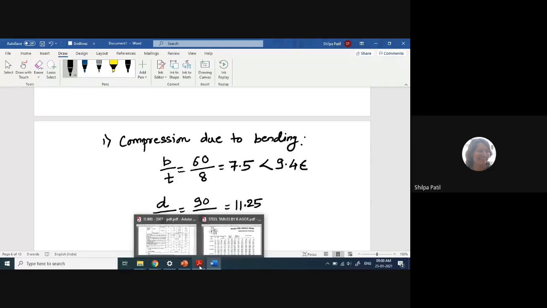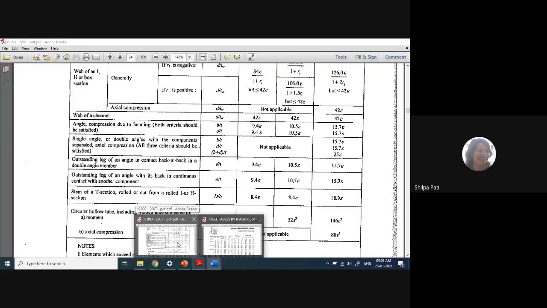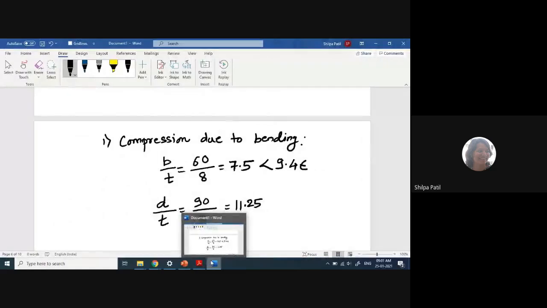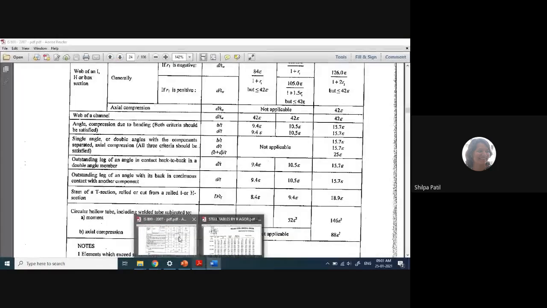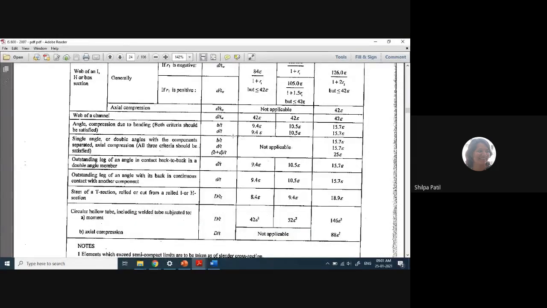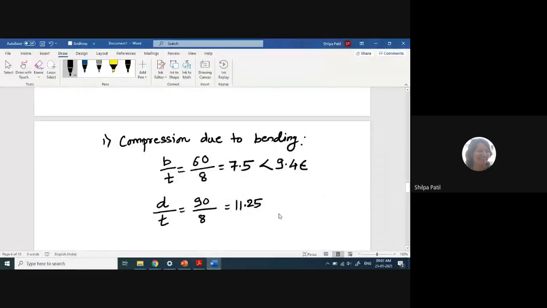And D by T is 11.25, so it is less than 15.7 epsilon. Now as per this criteria, the horizontal leg is plastic.